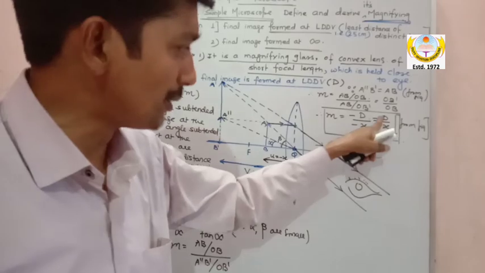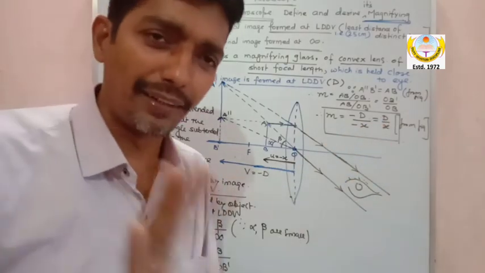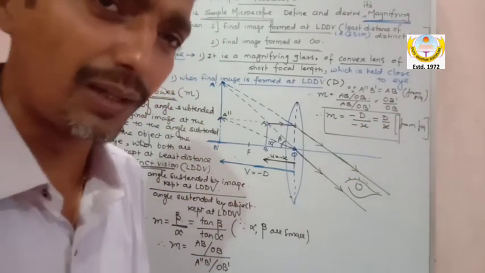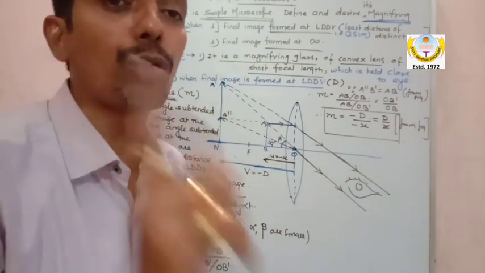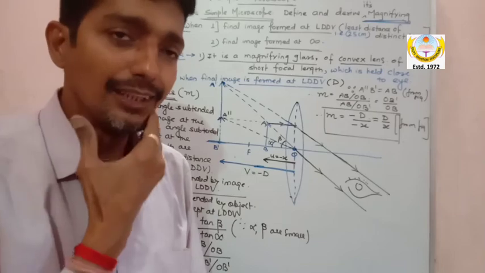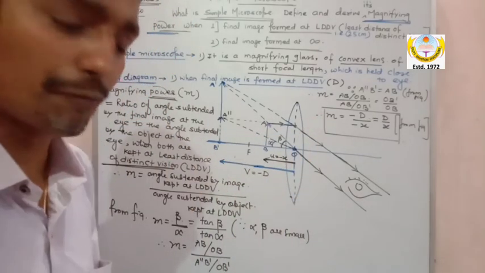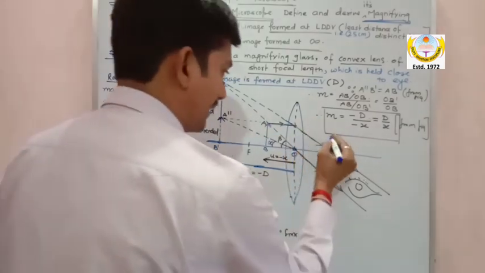So my dear, no doubt the answer d by x is correct, and we can apply it in numericals also. But try to elaborate the formula in terms of the focal length of the lens. So when I need a formula in terms of the focal length of the lens, I am writing the formula here.